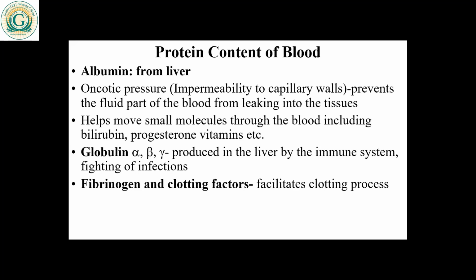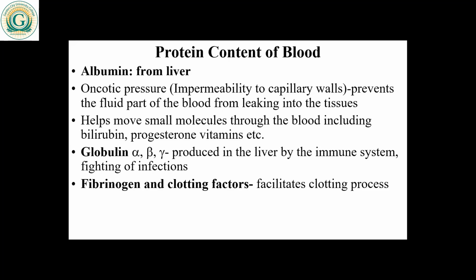We are saying this helps move smaller molecules through the blood, including bilirubin and other hormones, vitamins, and so on. So it enables these molecules to be transported to where they are going without them leaking into surrounding tissues and cells. And then we also have another protein called globulin.